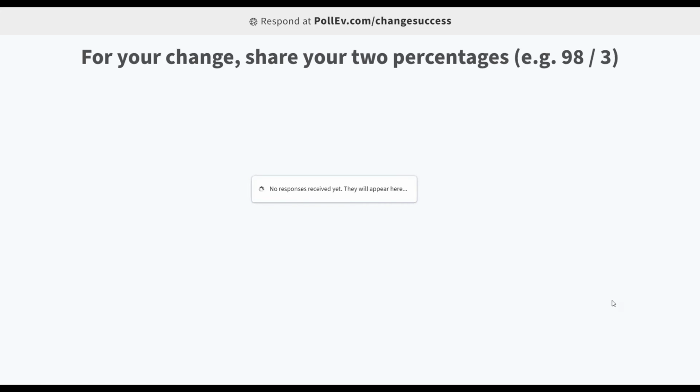Put a slash in the middle so we can see the distinction. First, what is the people-dependent portion of ROI for your initiative? And the second number is, how much are you investing in terms of budget and people and energy in driving and achieving that people-dependent ROI? And these won't necessarily add up to 100, right?